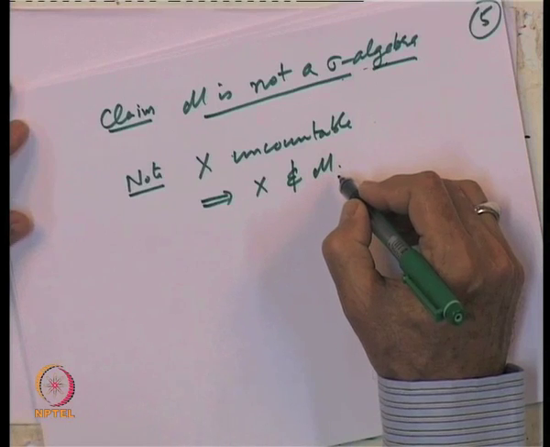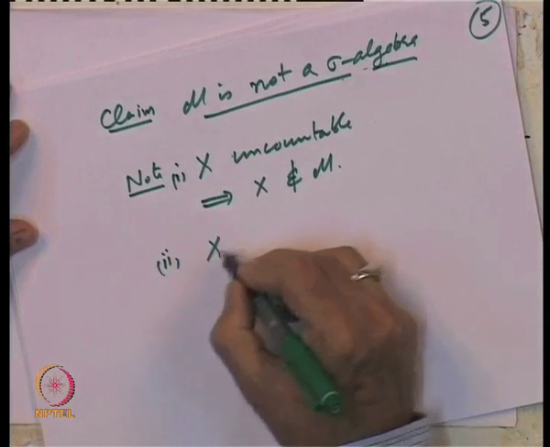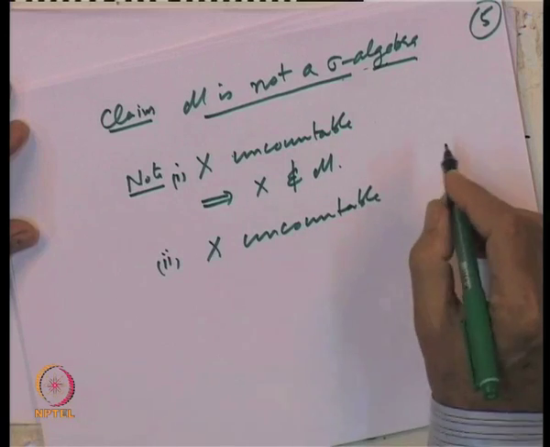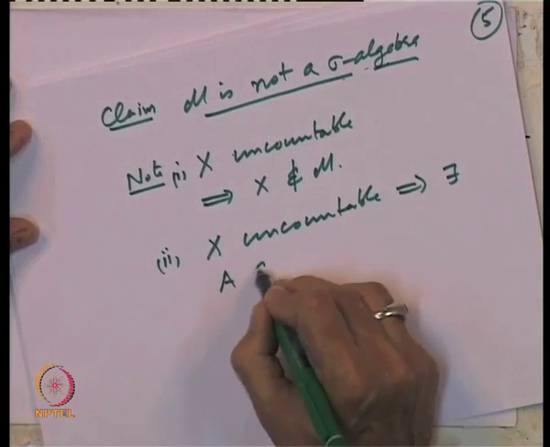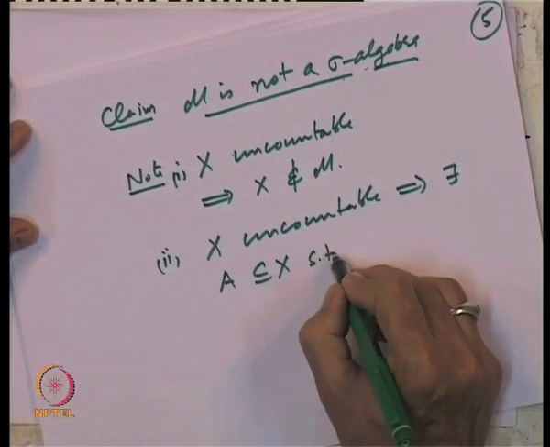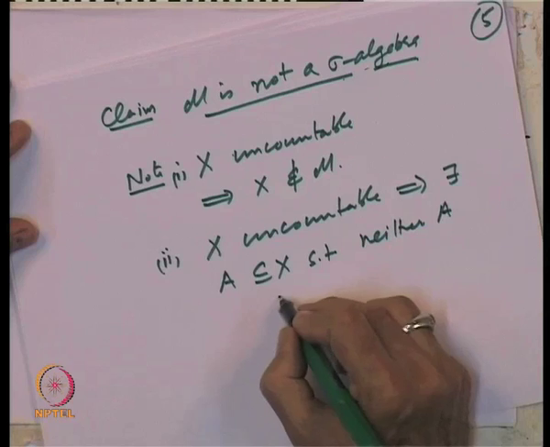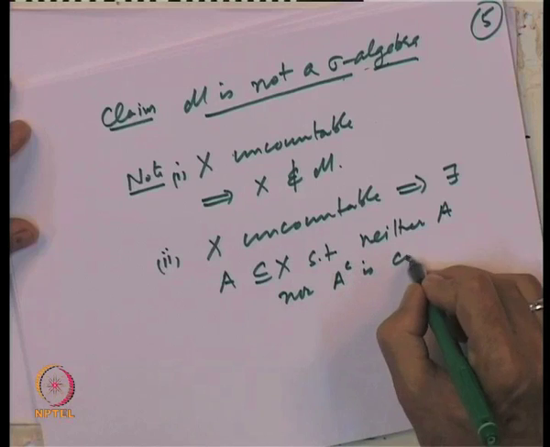Another way of looking at this is the following. So, this is one observation. Secondly, X uncountable implies there exists a subset A in X such that neither A nor A complement is countable.